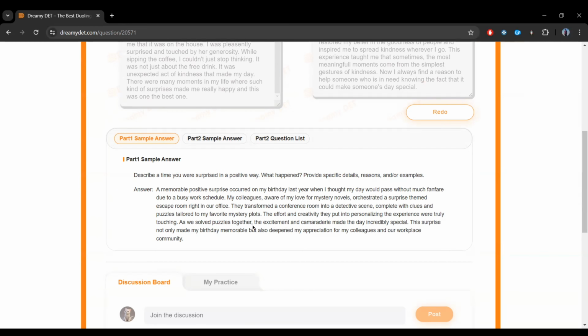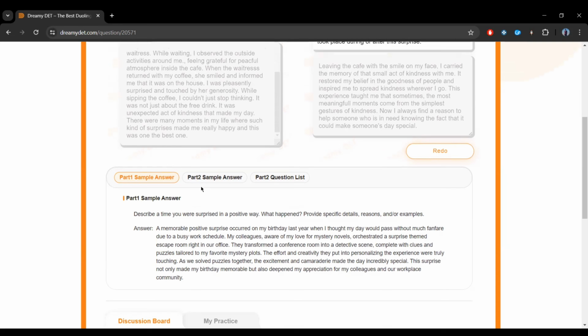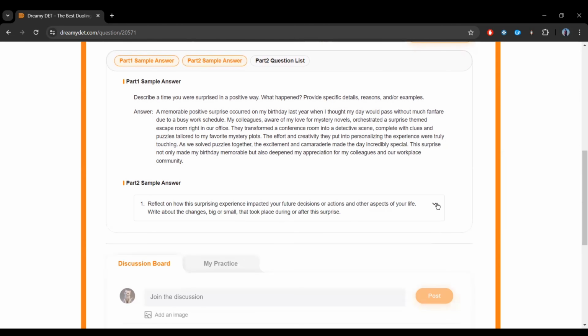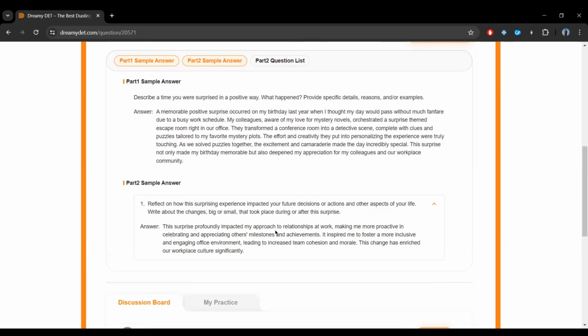I guess we can create something meaningful out of this answer too, if you get the same kind of question. Let's look at the answer for the follow-up question. All right, this is really a very good sample answer.